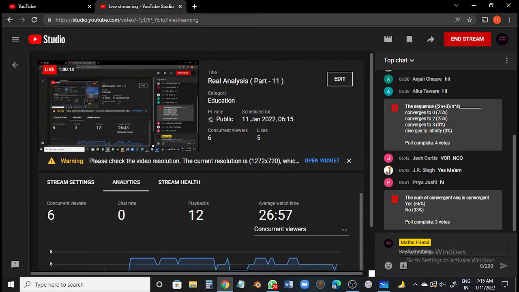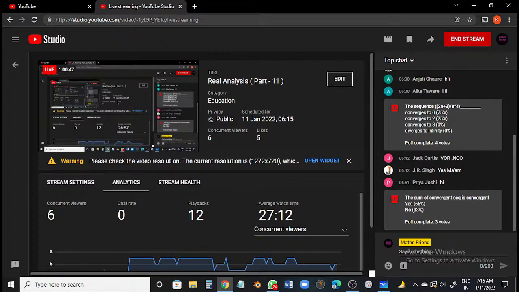A convergent sequence is ultimately a bounded sequence, and when the values are in control, there is no question as such. We have already shown that if S and T are convergent sequences, converging to L and M respectively, then the sum S plus T also converges to L plus M.